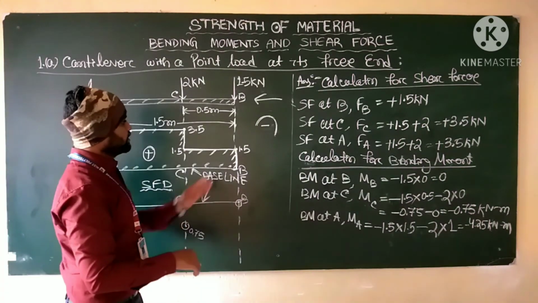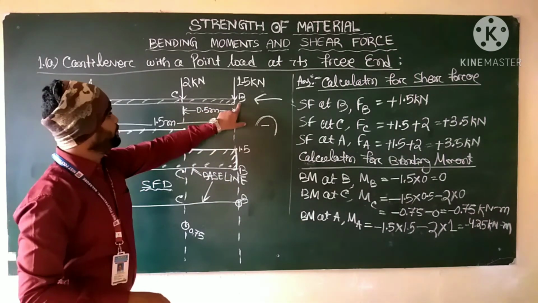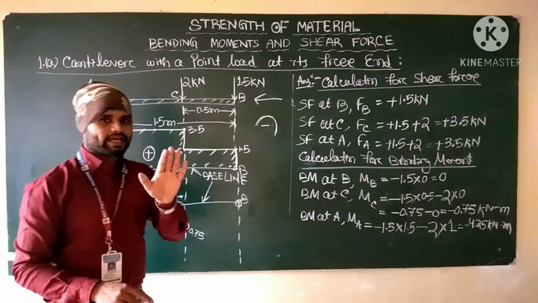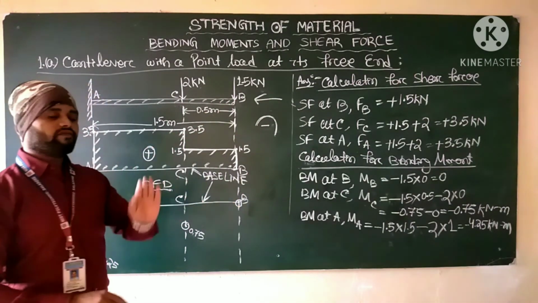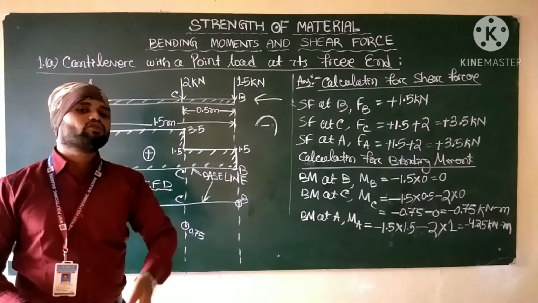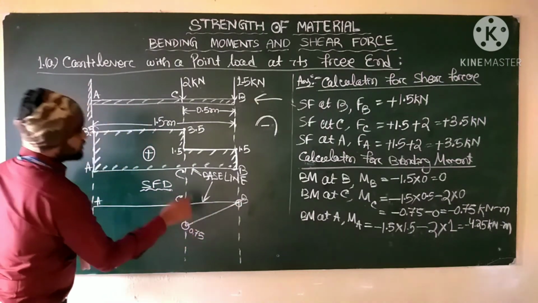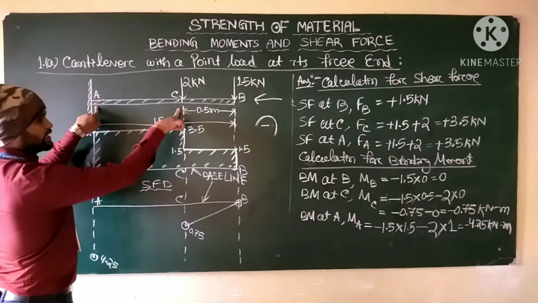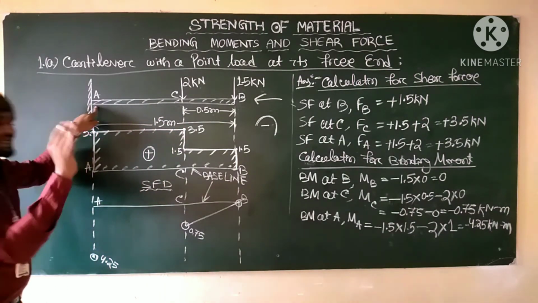As there will be no load between two points, between C and B there will be no load. If no load is there, then the bending moment line will be an inclined straight line. So make an inclined straight line. And between point A and point C there is no load. If there is no load, the bending moment line is an inclined straight line.